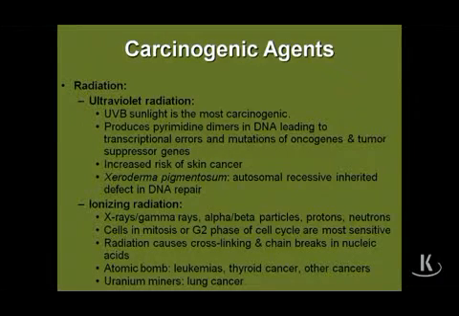Ionizing radiation also produces radioactive iodine, which can be concentrated in the thyroid, leading to thyroid cancer, and you can obviously get other types of cancers as well. And then uranium, we know it emits radiation, and it can lead, obviously in miners, to primary lung cancer.